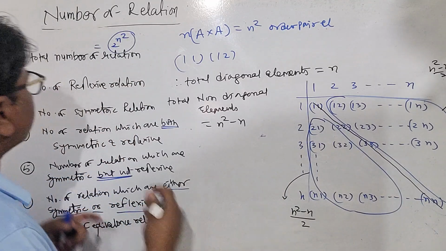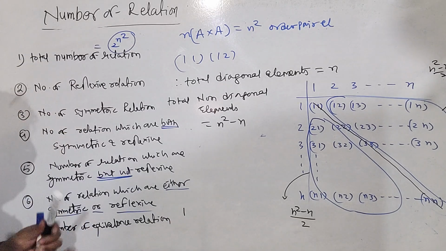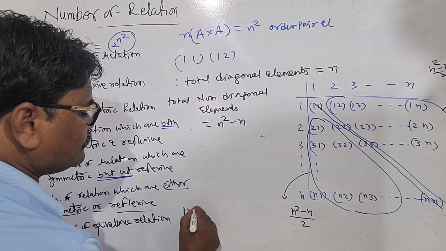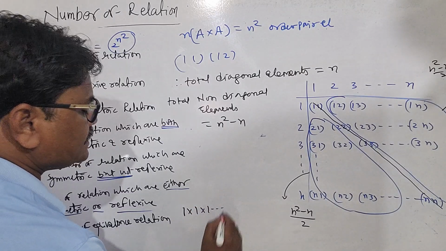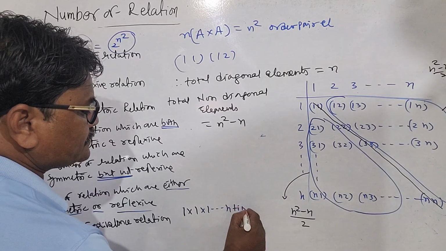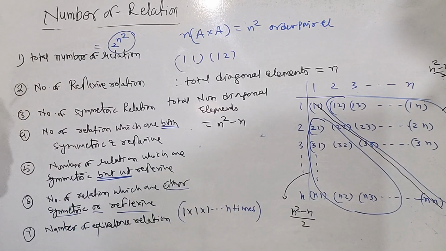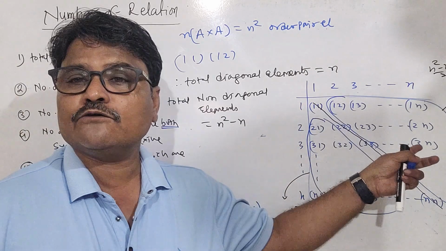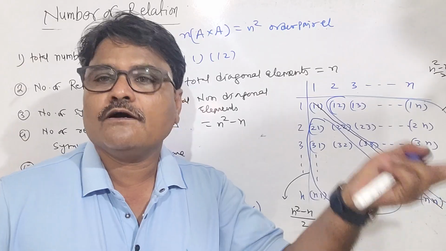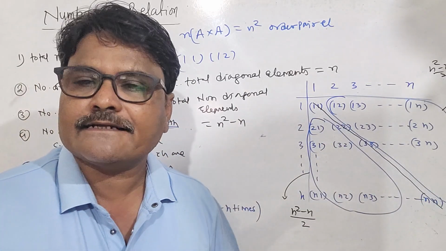How to calculate the total number of reflexive relations? 1 1 has only one choice, correct? 2 2 has only one choice. All the diagonal elements have one choice. How many diagonal elements? n diagonal elements. So this is 1 into 1 into 1 up to n times. And what about these non-diagonal elements? Every non-diagonal element has two choices. Either it will go or it will not go. Still the relation is reflexive because all the diagonal elements are already present there.